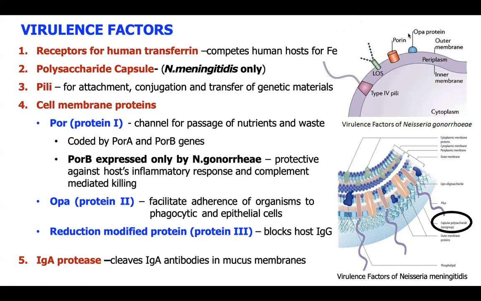Okay? And then we have protein 2 or the OPA protein. Okay? So this has been discussed previously. So ang OPA protein is also an adhesin, right? So for adherence. And then we have the RMP or the protein 3. Okay? So this is necessary for blocking host IgG. Okay? Now to add, naapagid sila yung IgA protease. Di ba IgA, alam na natin ngayon na nandun yan sa ating mga mucous membranes, nasa mga opening natin.